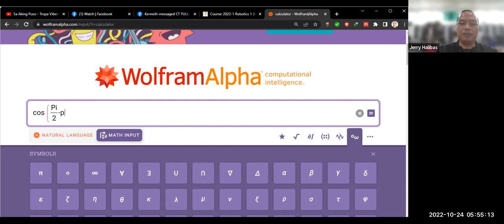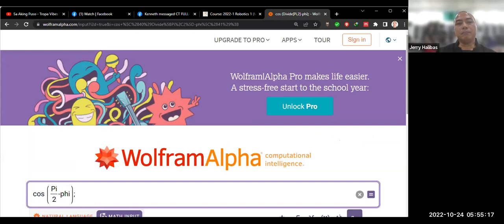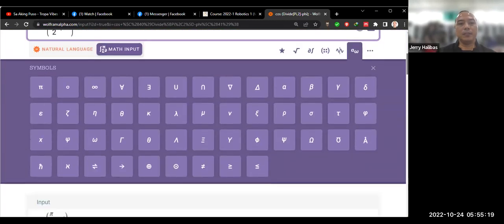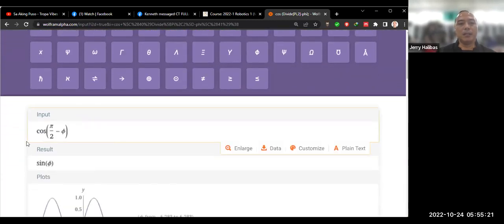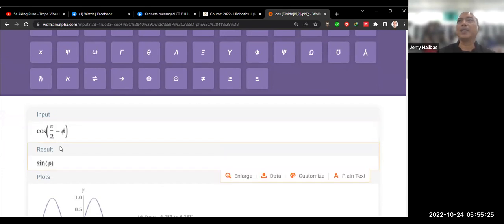Okay, it automatically changes this. Cosine pi over 2 is the same as 90 degrees. It should be converted to radian by default. That is sine phi. Okay? Anyway, let's go back.